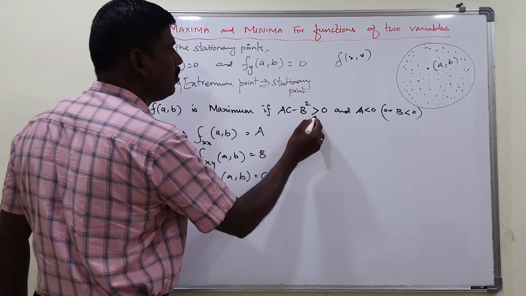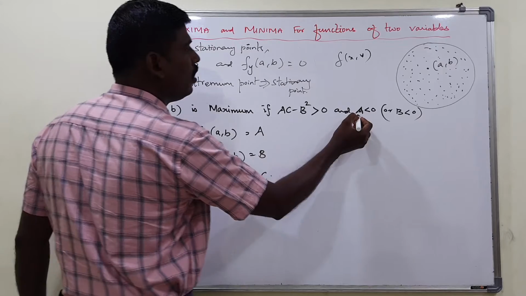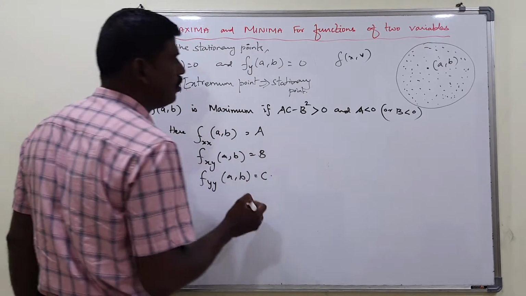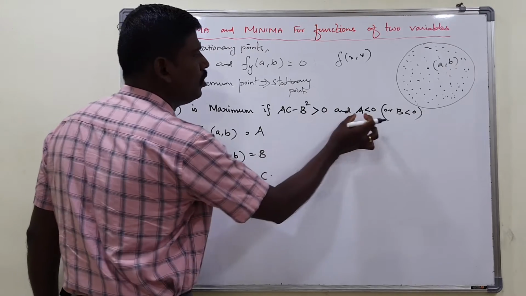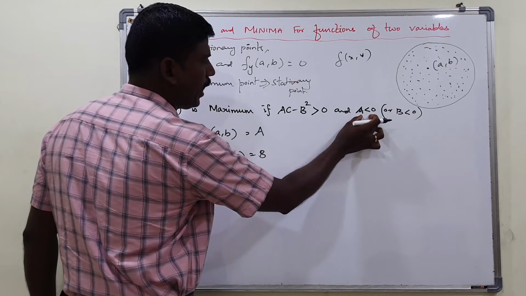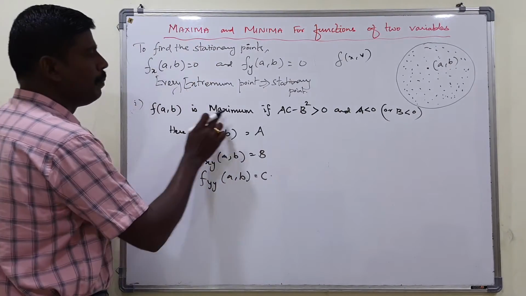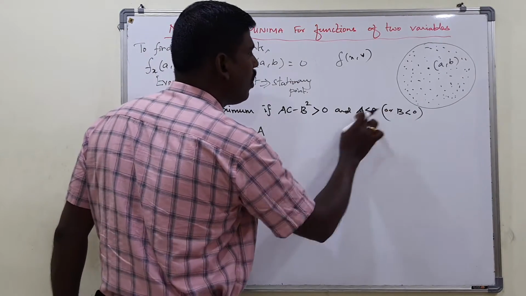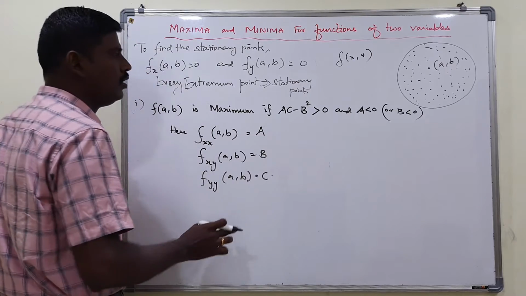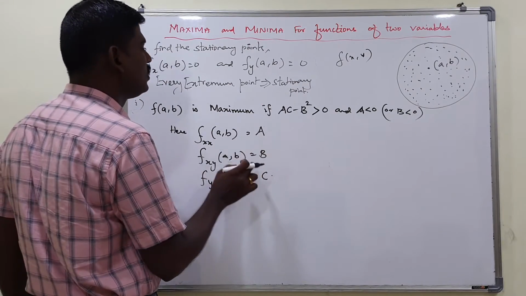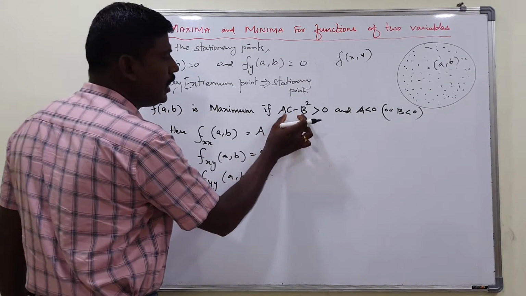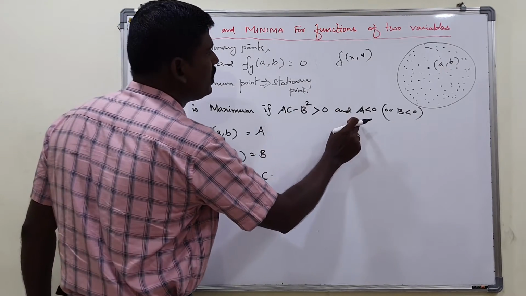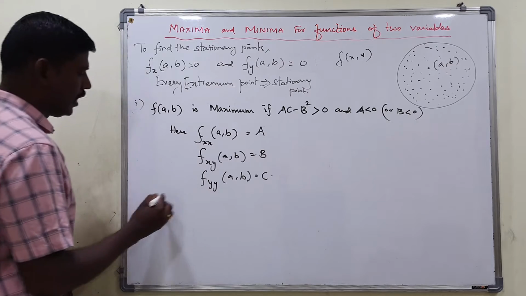If it is greater than 0 and a is less than 0, so this value should be positive and a should be negative, then f is maximum. Suppose a is not negative, then b is negative, so one of these two values should be negative. The first condition to satisfy is ac minus b squared greater than 0, and only then do we proceed to check the next step. Now the second one.